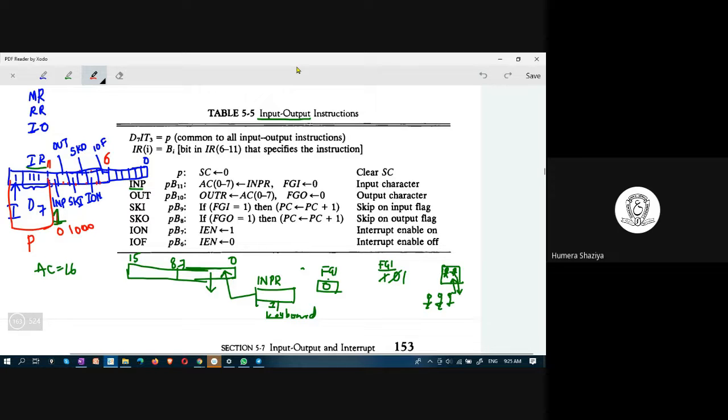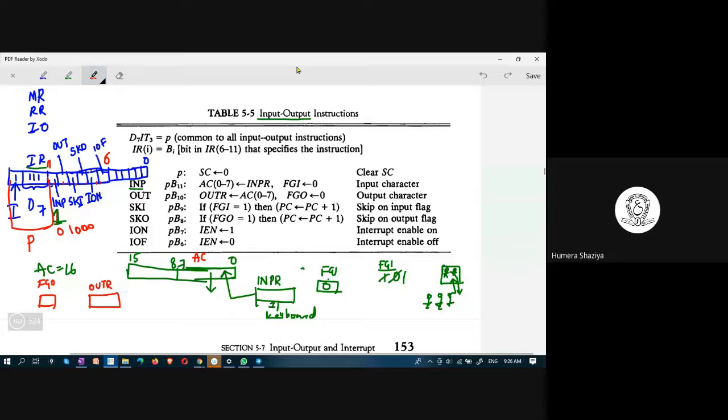It is reversed. Here you have the output register OUTR, and there is a flag FGO. What are you doing here? This is AC of 0 to 7, because the input and output registers are 8 bits long and AC is 16 bits long.